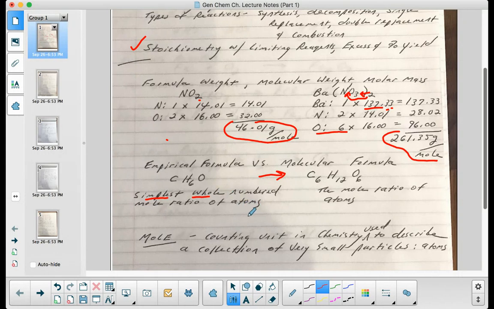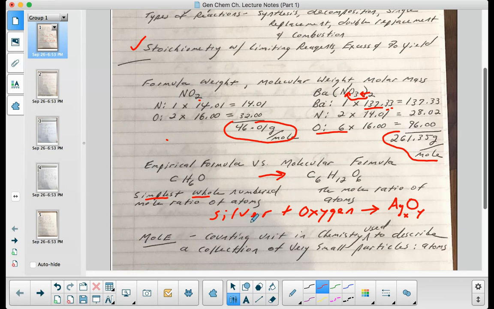So in our lab that you're going to be doing this week, you're going to find what is the empirical formula when silver and oxygen are combined in a synthesis reaction. And you're going to end up forming silver oxide in this. But what you're going to be asked to find, based on some quantitative analysis, is what is that whole numbered ratio between the silver and the oxygen?